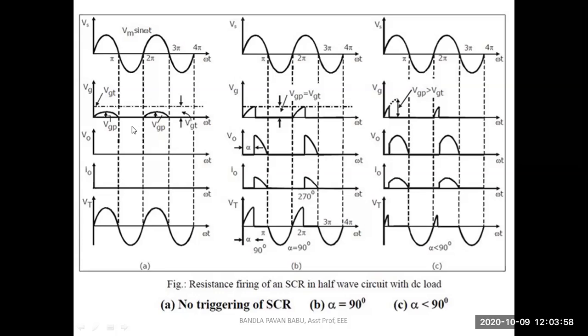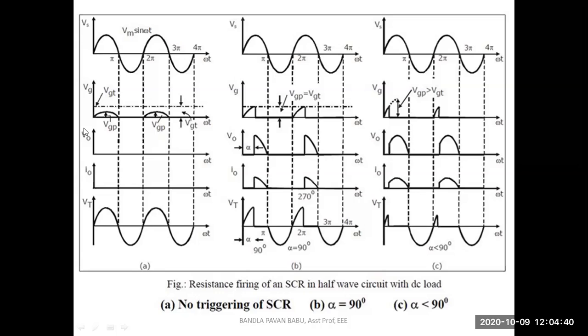Let's see, when there is no triggering. VGP is the gate peak voltage, and VGT is the threshold voltage of the gate, or you can consider it as the maximum gate voltage.